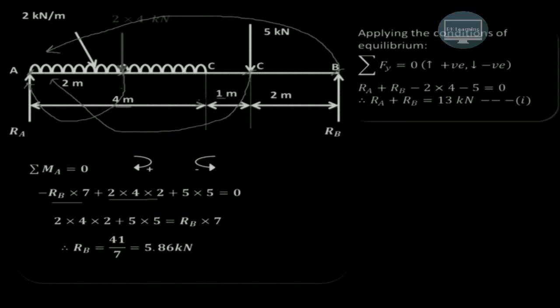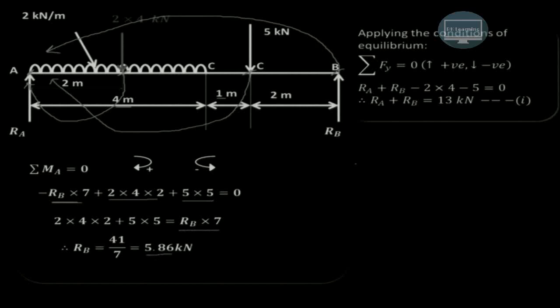This is 1 meter, this is 4 meter, so 4 plus 1, that is 5 meter. And as it is clockwise, that will be 5 multiplied by 5, and that is equal to 0. Transfer this negative term on this side, it will become positive, and if we simplify, we will get reaction at point B is equal to 5.86 kN.